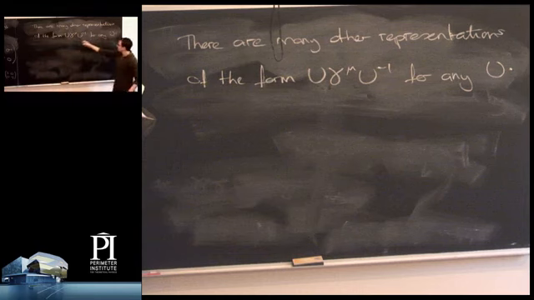If I take any invertible matrix U and multiply the gammas on the left by U and on the right by U inverse, it still satisfies the Clifford algebra.